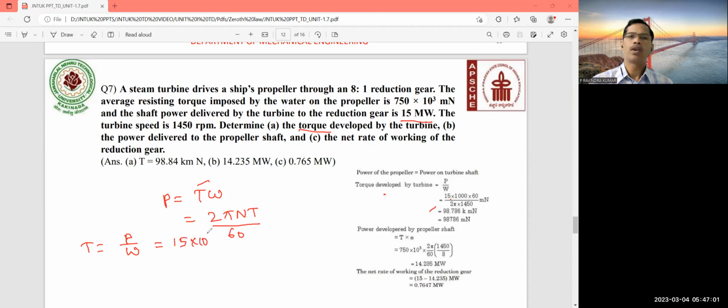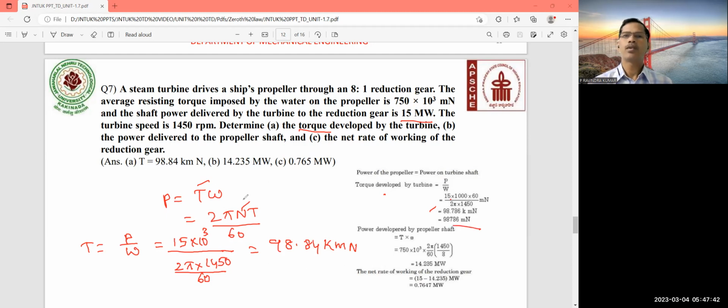Convert that into kilowatt, divided by omega, that is 2 pi n, where n, the number of revolutions, is 1450 divided by 60, revolutions per minute. So the torque you will get is 98.84 kilo meter Newton. So this is the answer.